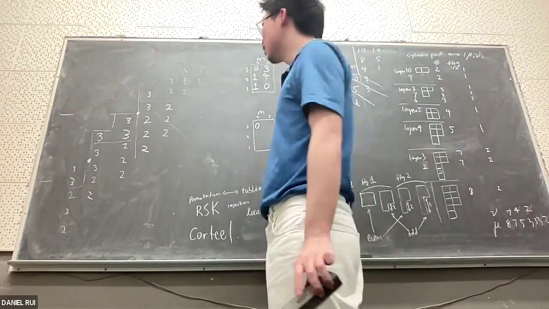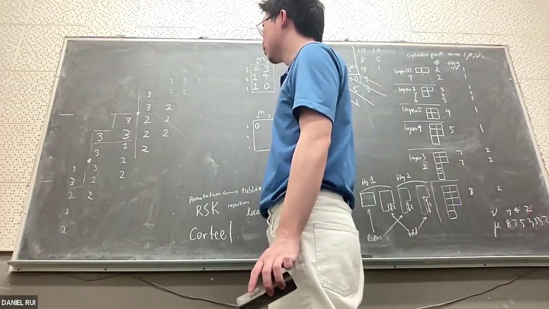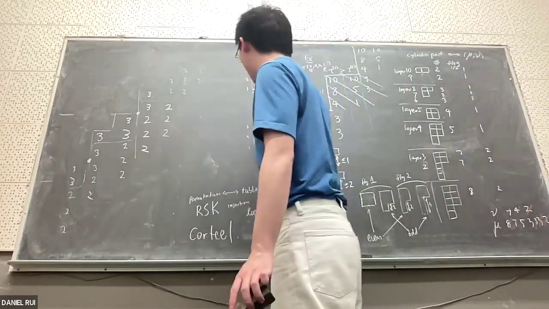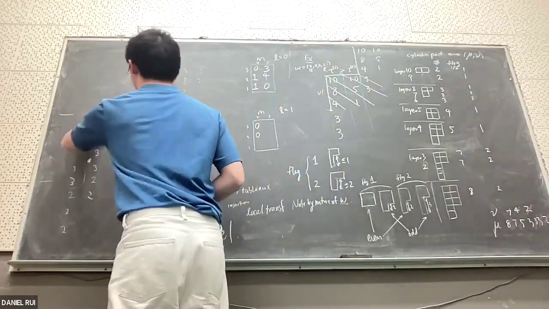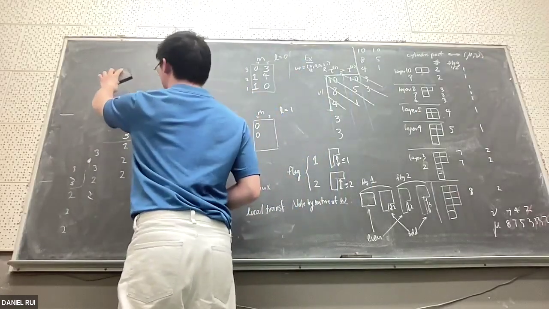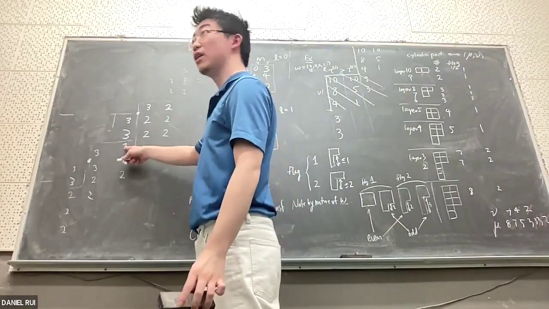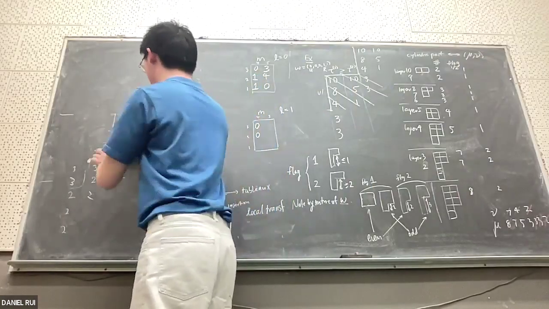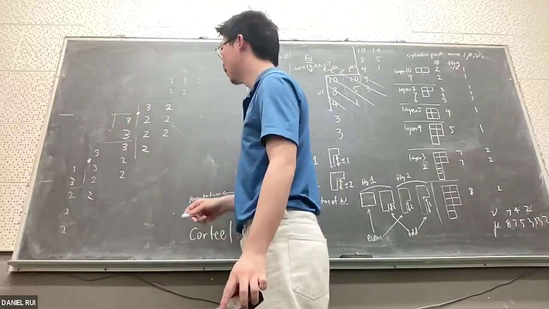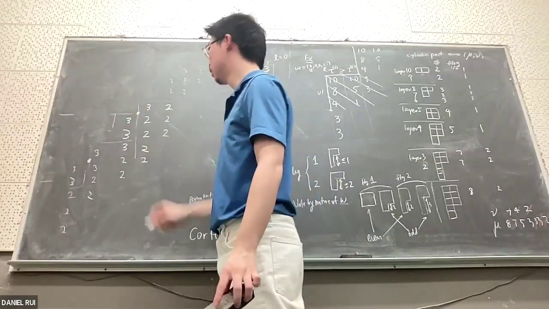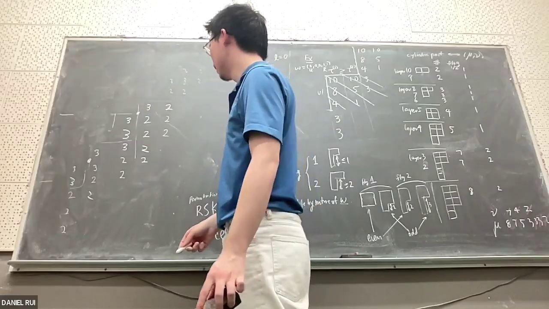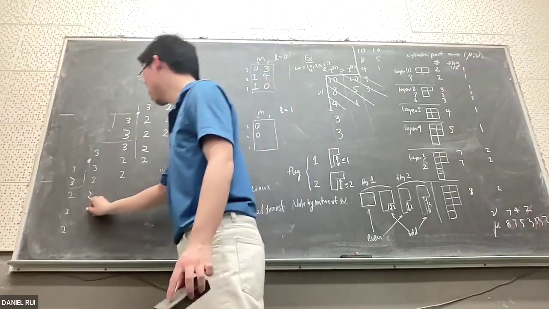Okay, let's keep going. Now I know that it stabilizes to all 2s. This is a 3 now. And then the 0 is a 2, and then it's 0. And then there's some 2s down here.